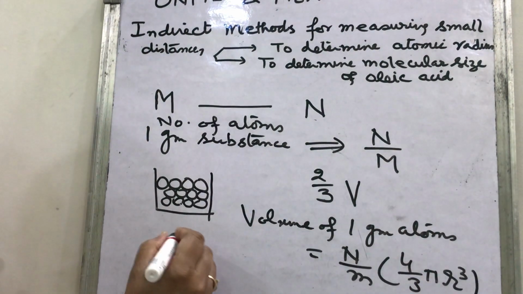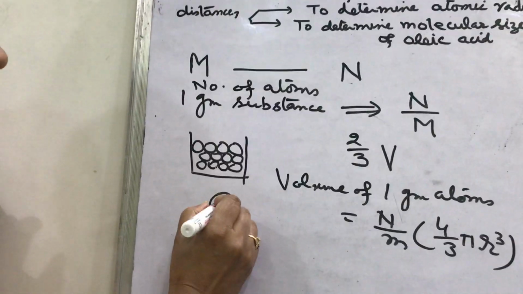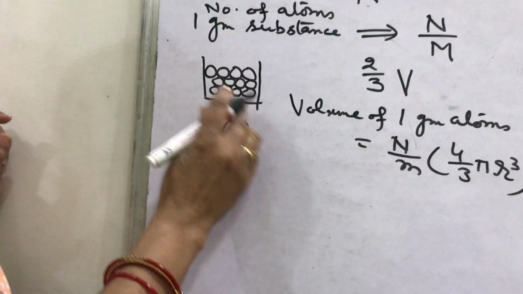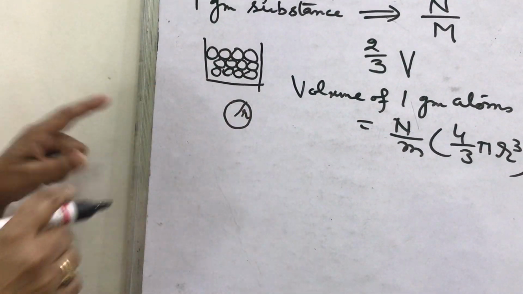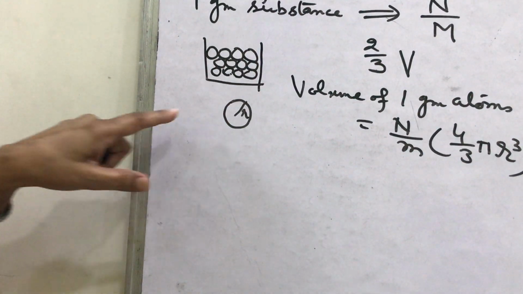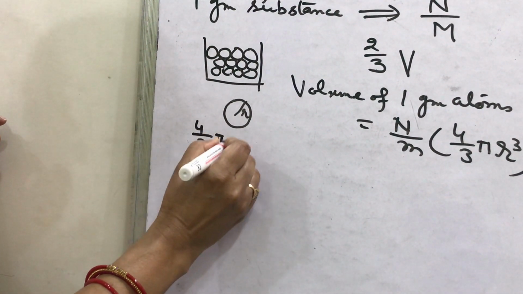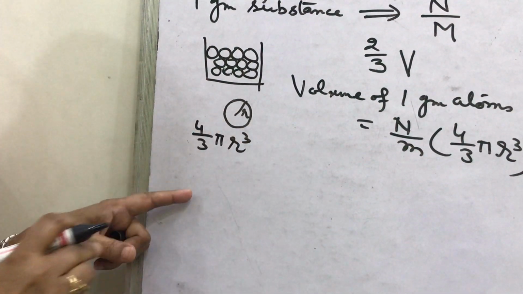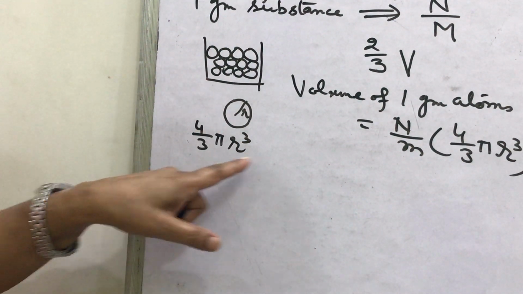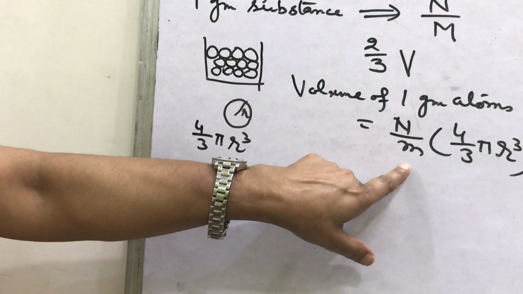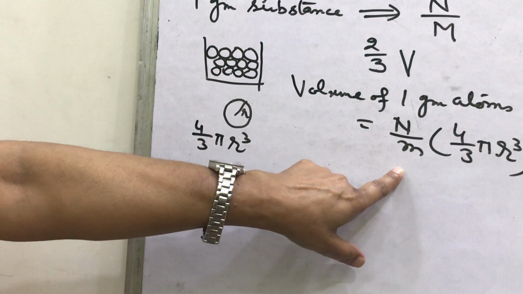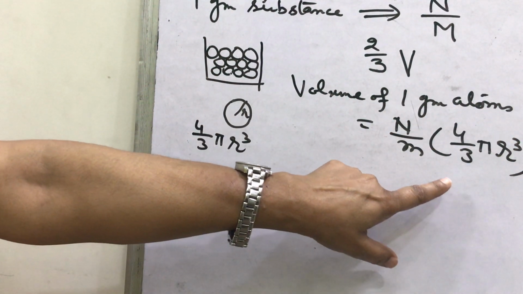Why this 4 upon 3 pi r cube? Because every atom is supposed to be spherical in shape of radius r. So this is the volume of one atom. Volume of one atom is 4 upon 3 pi r cube. That is why mensuration is necessary. So volume of 1 gram atoms is n by m, 4 by 3 pi r cube.